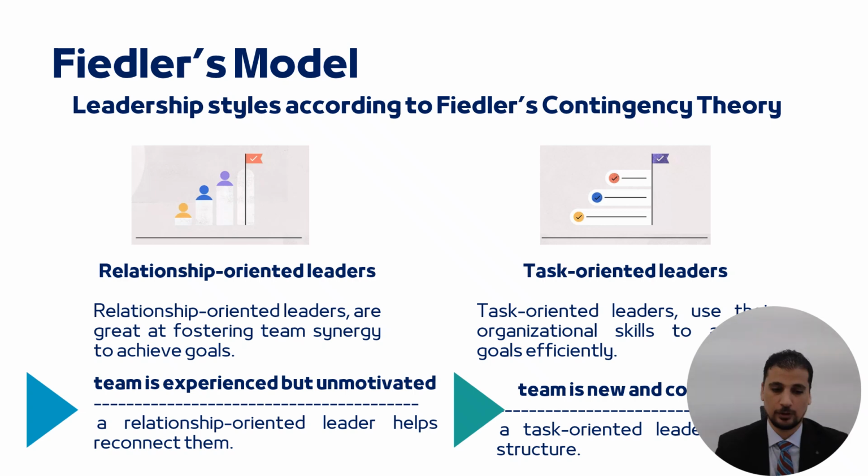For example, with a new team, I can start with the relationship-oriented leadership style, then with time, I can go with the task-oriented leadership style. So here we have the example clarifying that relationship-oriented leaders can foster team synergy to achieve goals, and leaders who follow the task-oriented style can use their organizational skills to achieve goals efficiently.